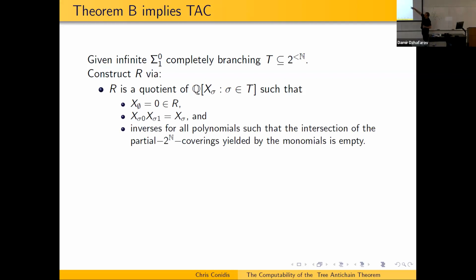So these first two bullet points give you the fact that when you multiply together the indeterminates corresponding to a covering of Cantor space, you get 0. That was a property we had in the previous construction.